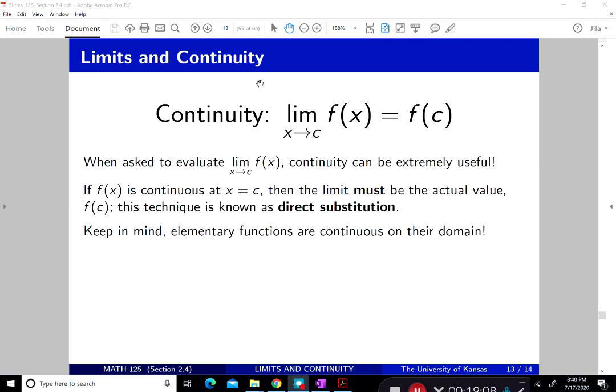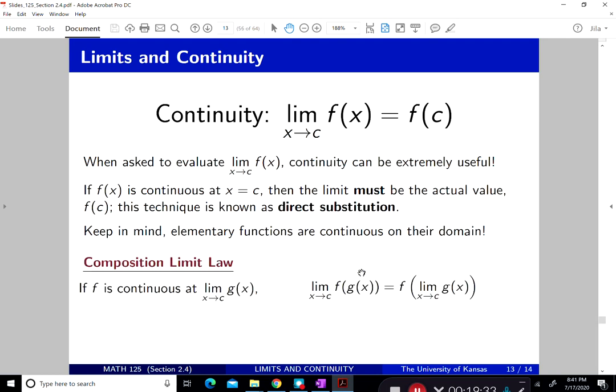And that's when we have continuity, we have this statement. This method is called direct substitution. It comes from the fact that we explained here.